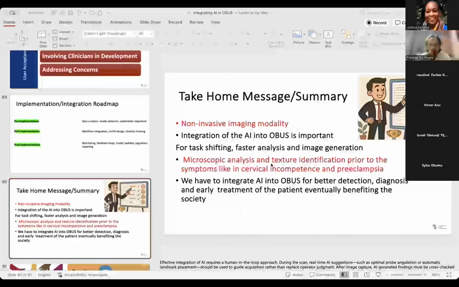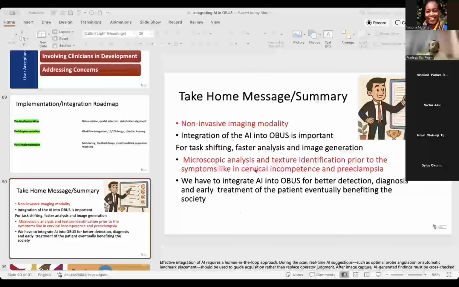Yeah, thank you so much. It's been a very insightful presentation. I just need clarity on the data concerning the use of AI in obstetrics. There was a slide where you shared a kind of survey. I wanted to know, is the survey done in Nepal or in your region, or is it a global survey?